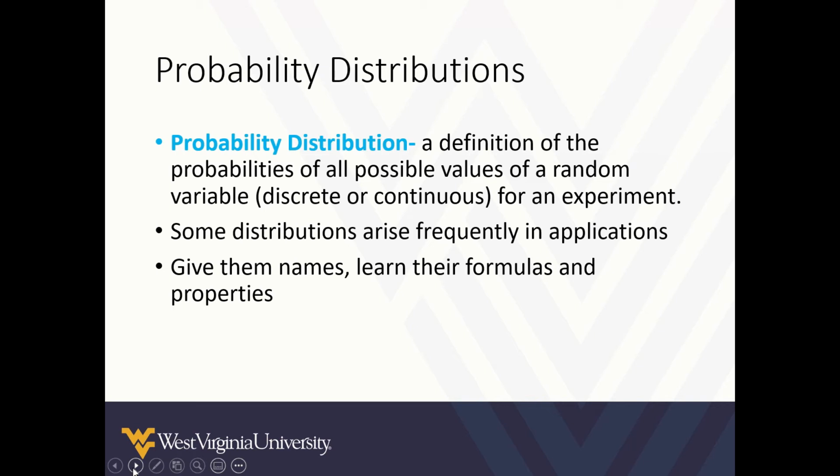Some of these distributions arise frequently in our applications and our problems and in real life. And so what we've done as mathematicians and statisticians is that we have given these distributions names, we've learned their patterns, their formulas, and their specific properties.